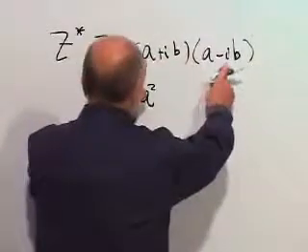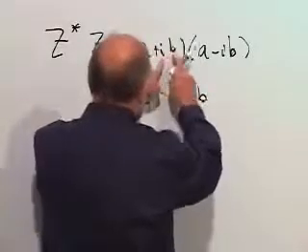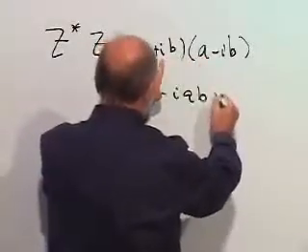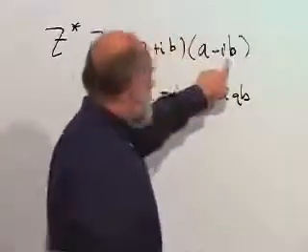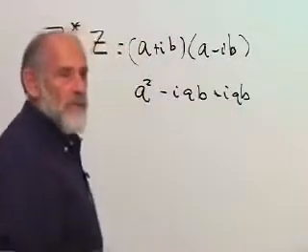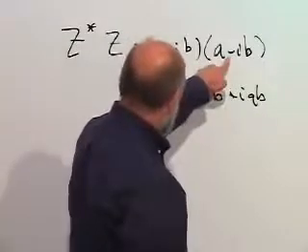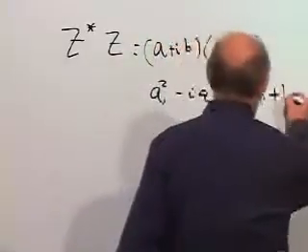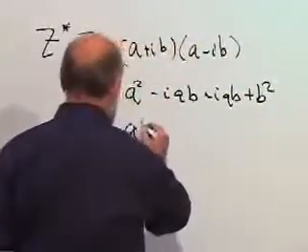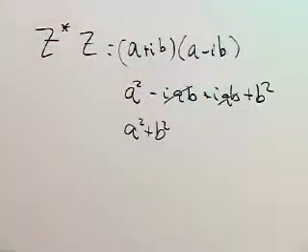We get a times ib with a minus sign, minus iab, plus iab from the other cross term. And then, what about ib times ib? What does ib times ib give? Minus b squared, but there's a minus sign here already, so it gives plus b squared. Altogether, we get a squared plus b squared. These pieces cancel.